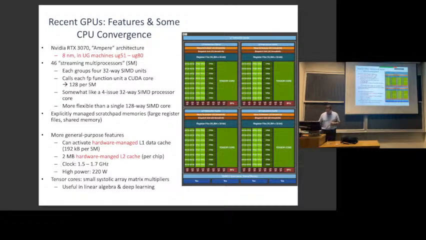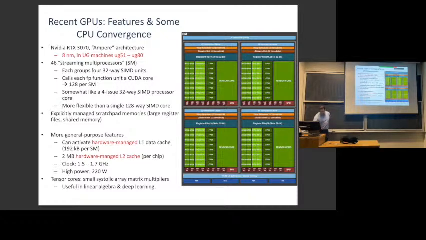So essentially, each of these streaming multiprocessors is kind of like 128-way SIMD, but it's a little more flexible than that. They can essentially issue 4 instructions to 32-way SIMD. So it's a little more flexible than 128-way SIMD, a little bit less flexible than just having 4 totally independent instructions for 32-way SIMD. And if you want to work out the precise details of that, there's an enormous amount of documentation you can try to wade through to figure out the exact details.